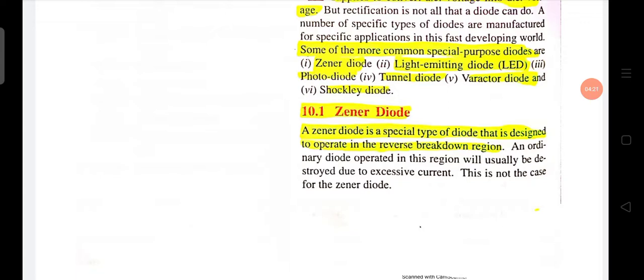The minimum reverse voltage needed for breaking the barrier of the PN junction is called the breakdown voltage, or reverse breakdown voltage. And in this reverse breakdown region, the Zener diode works.